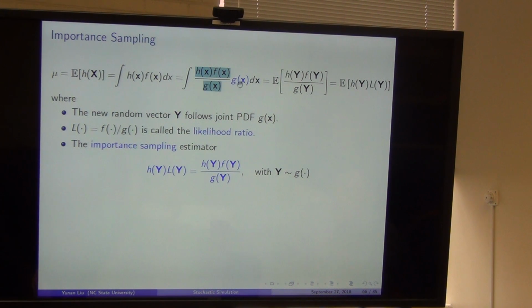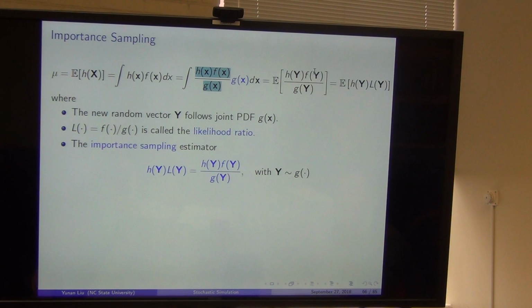Because the Y random variable has this density g, we can reinterpret this as an expectation of whatever h function we have here of Y.